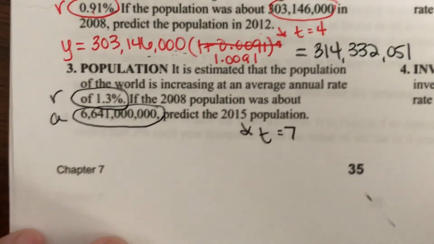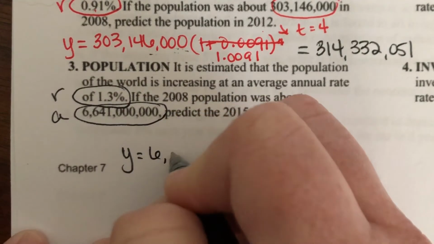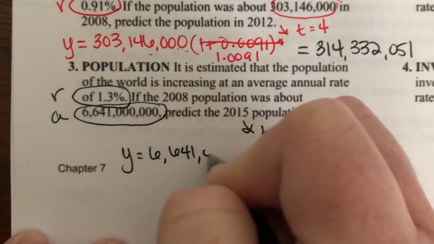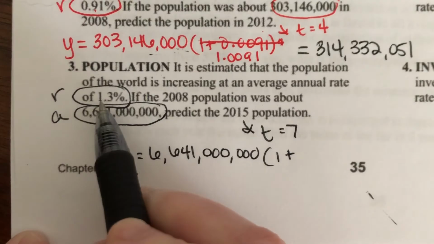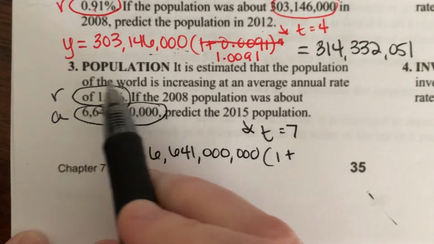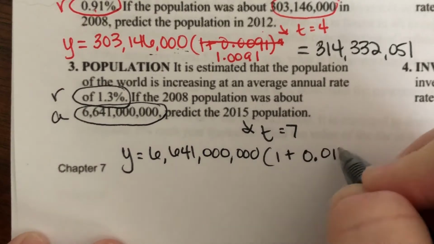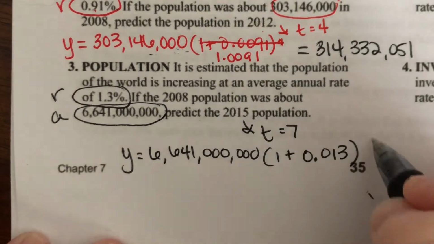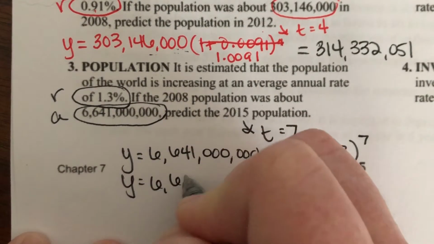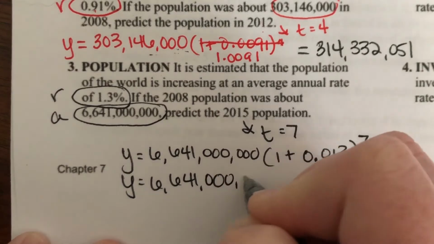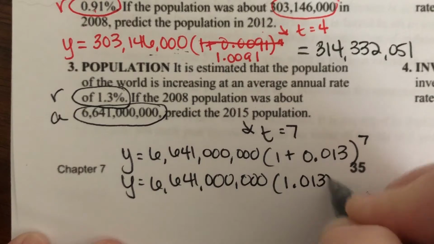So when I write my equation, y equals the initial amount, 6,641,000,000, times 1 plus my rate divided by 100. I have to change percent to a decimal, so 0.013, raised to the 7th power. When I simplify that, y equals this really long number times 1.013 to the 7th.